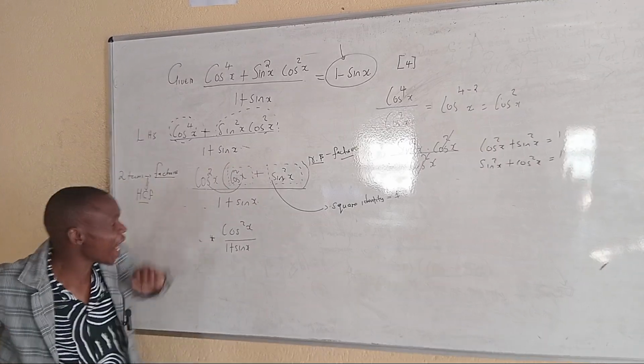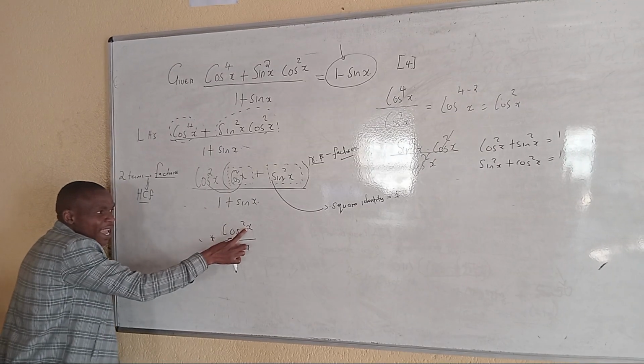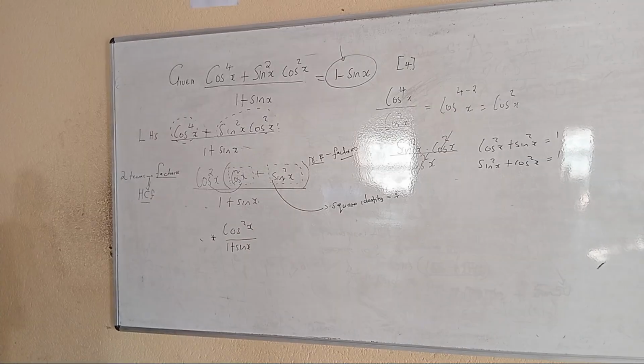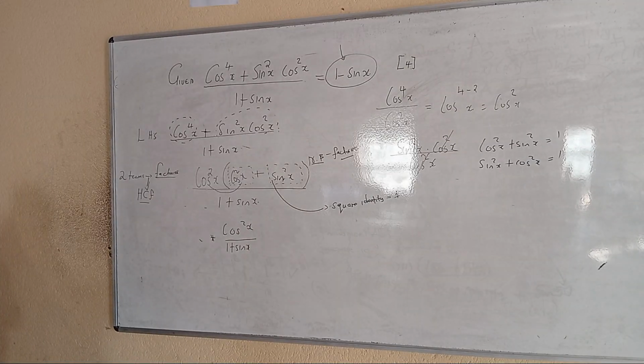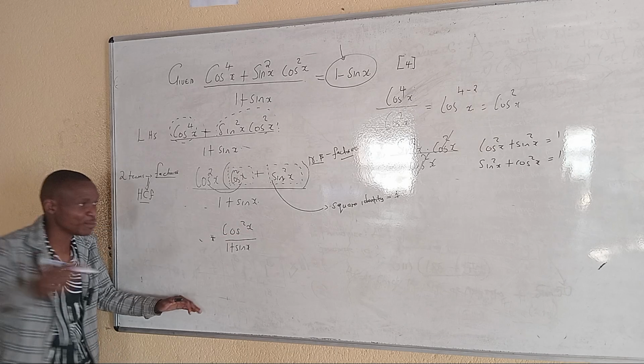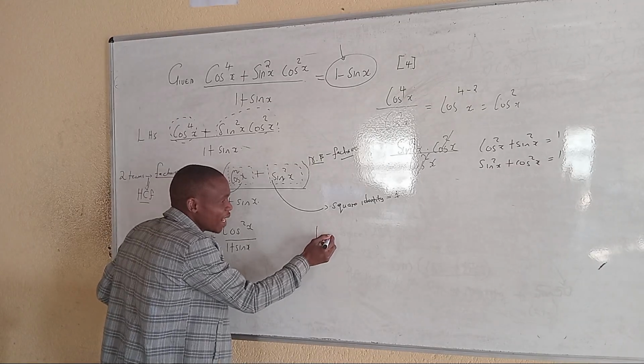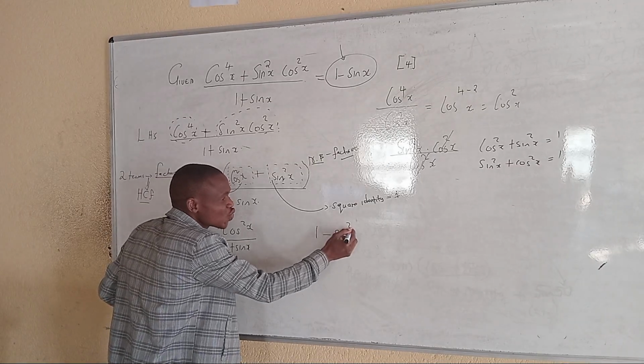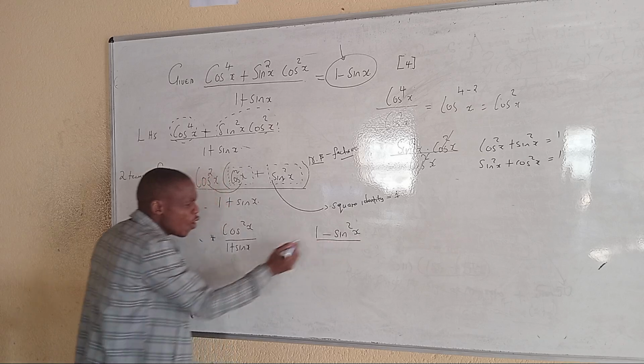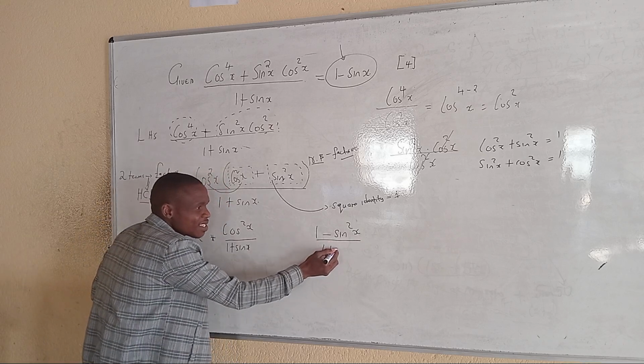So I can change cos squared x. What is cos squared x going to be when we change it? Good. 1 minus sine squared x. When you change cos squared x, it becomes 1 minus sine squared x all over 1 plus sine x.